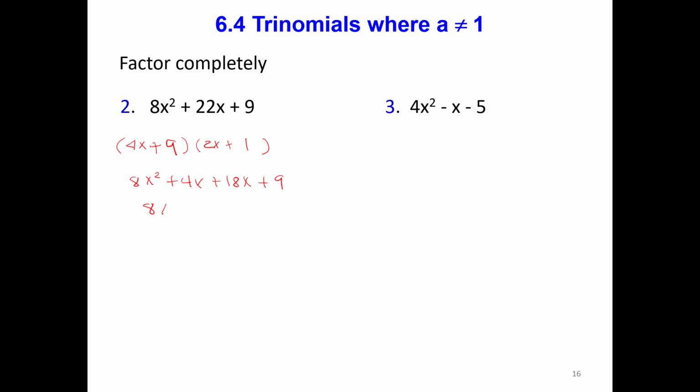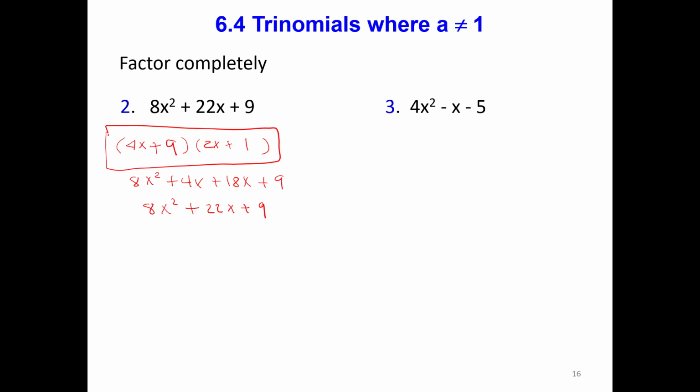And now we had 8x squared plus 4x plus 18x is 22x plus 9. And this is what we want. Then this is the right factorization. Yes, this is the right one. Then now let's try the last one.